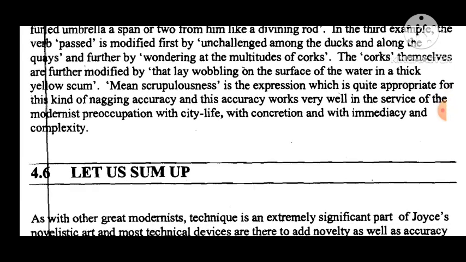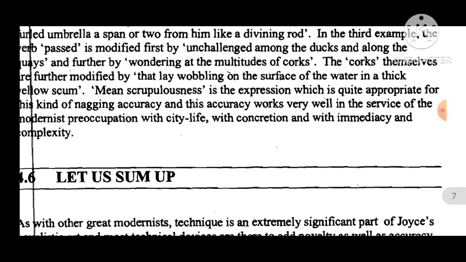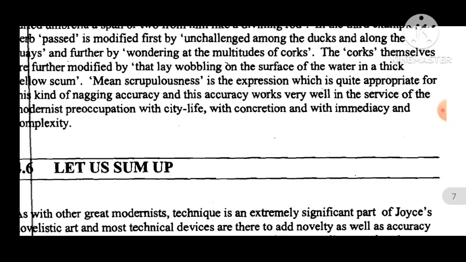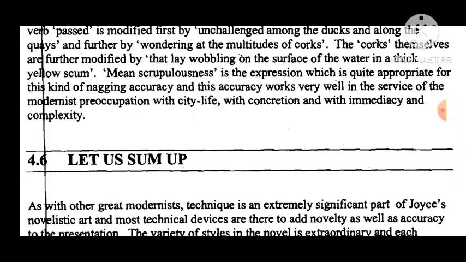Scrupulous meanness is the expression quite appropriate for this kind of nagging accuracy, and this accuracy works very well in the service of the modernist preoccupation with city life, with concretion and with immediacy and complexity.